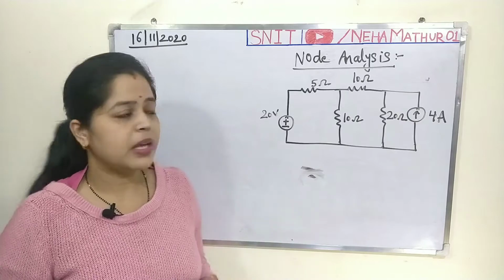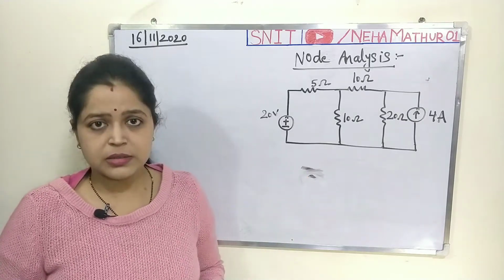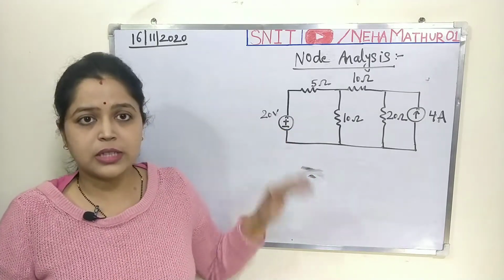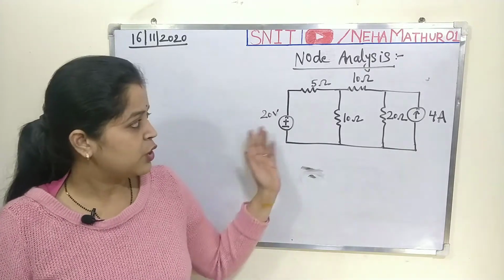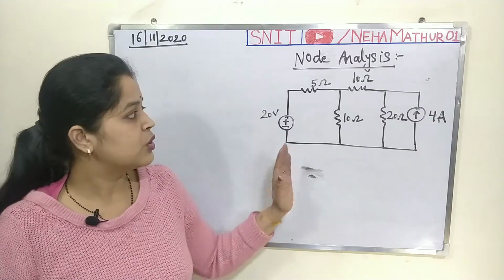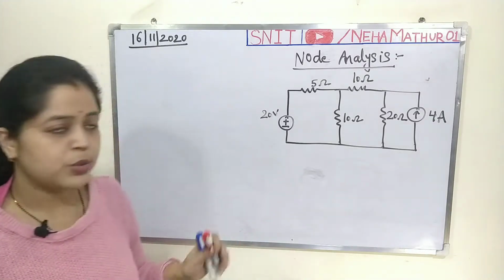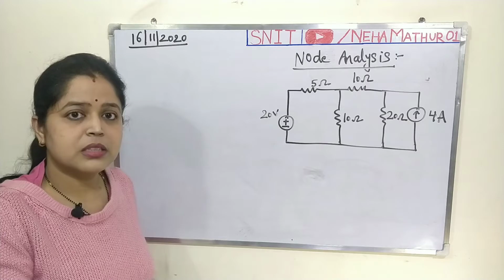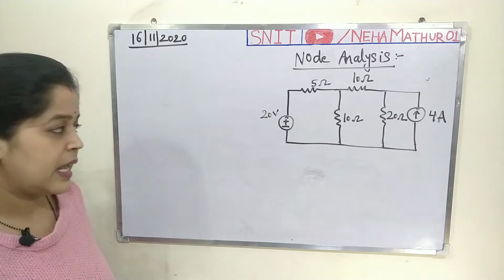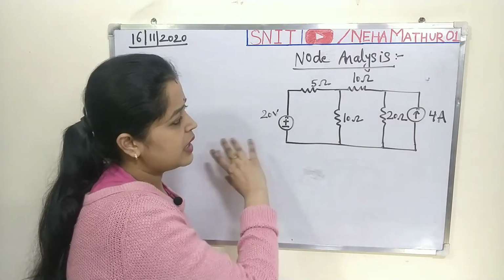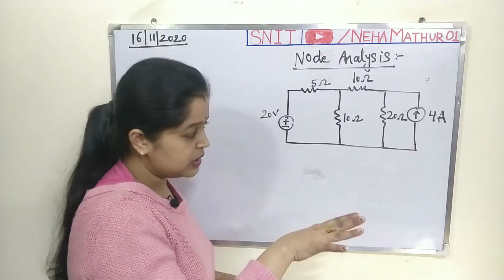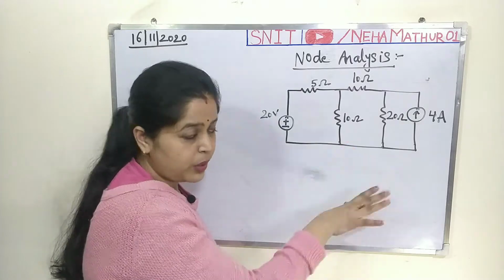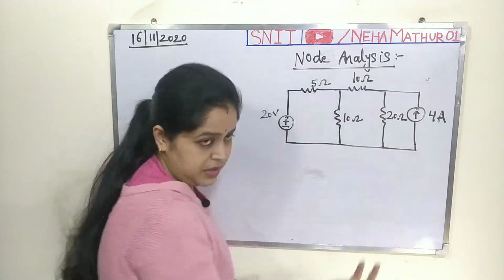So, now I am taking an example of node analysis, since I have already discussed all the relevant steps that are going to be used to solve any question based on node analysis. The examiner may ask a question like: find the current across any branch. Just like I am giving a question: find the current flowing across this 20 ohm resistor.